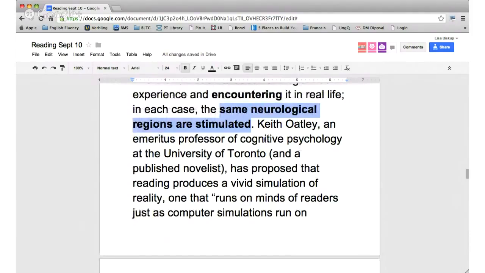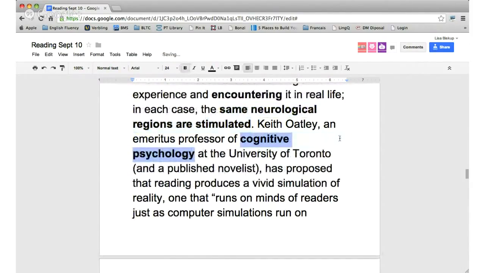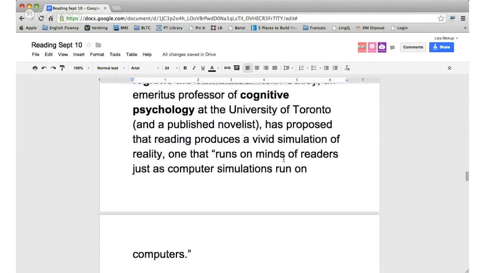So cognitive psychology is the type of psychology that deals with cognition, which is your brain, your functioning, and how you recognize things. So he has proposed that it's basically the same thing as a simulation on a computer, only it's your mind. Your mind is like the computer, and it's producing a very vivid simulation.